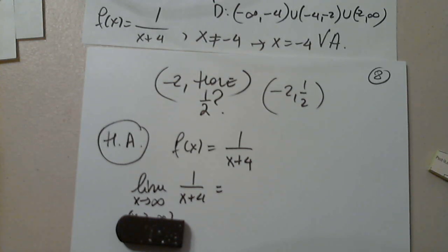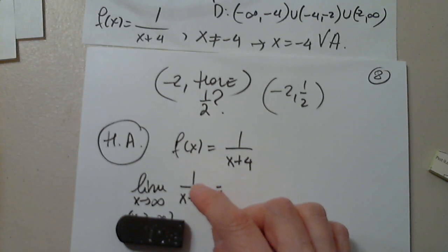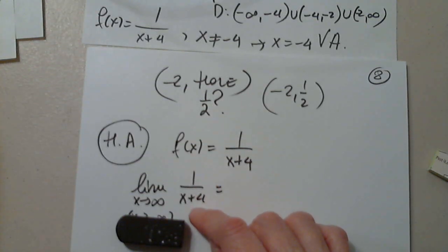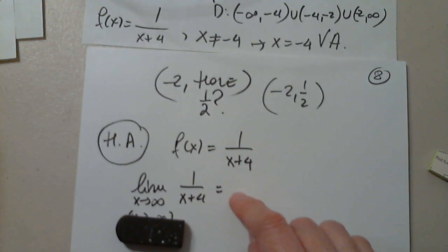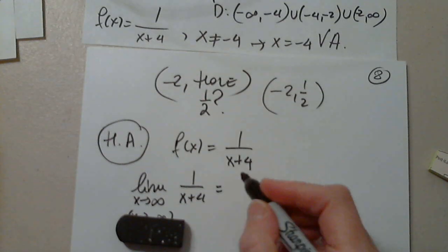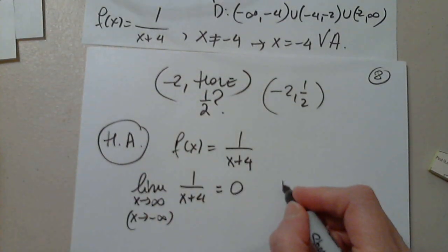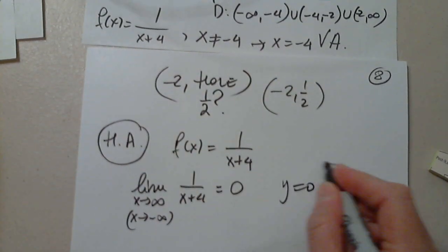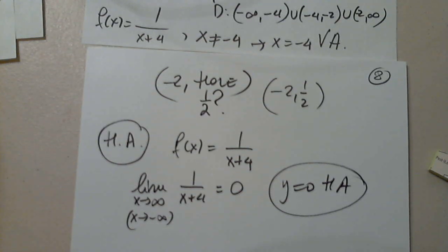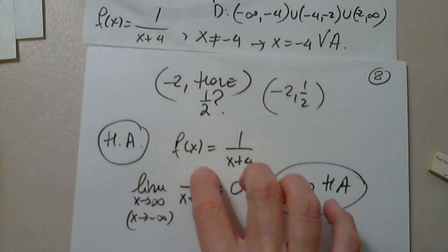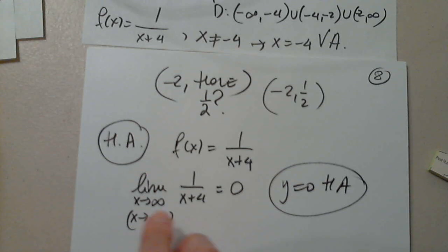Is it 1? Careful. $1 divided by billions of people. When I come to your door, how much is left from that dollar? How much can I give you? 0. Exactly. So that's why y equals 0 is the horizontal asymptote. That is always easy. Small over huge. The limit will always be 0.